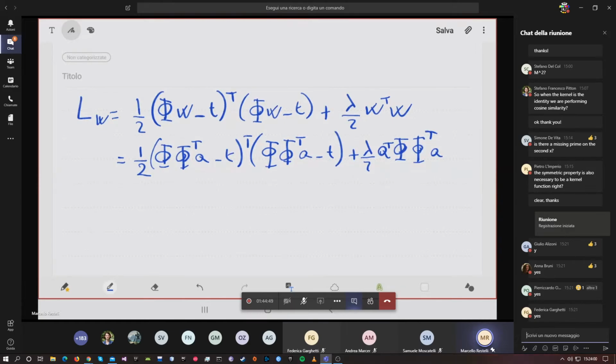Okay, so now we simply do the product. Actually, you have that this term is transposed, so you have to rewrite it. So this is A transpose phi transpose phi, and then multiplied by phi transpose A. So this is the first product.